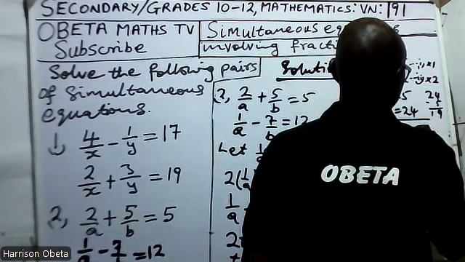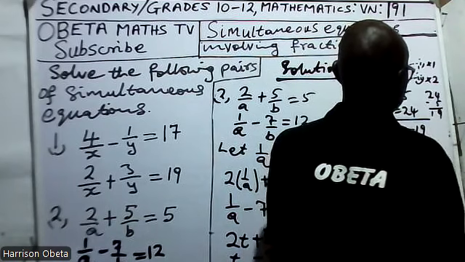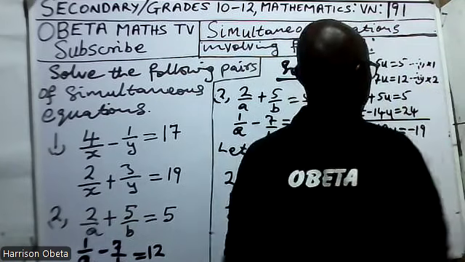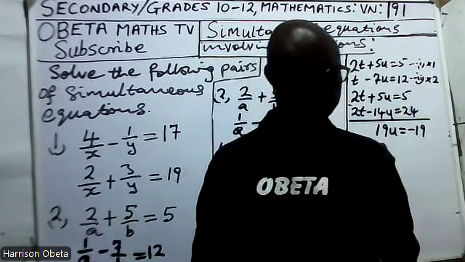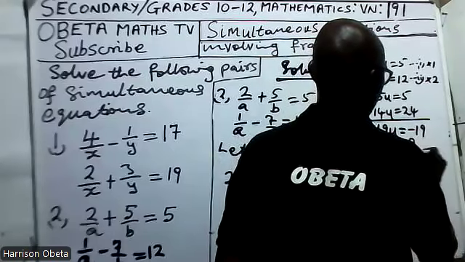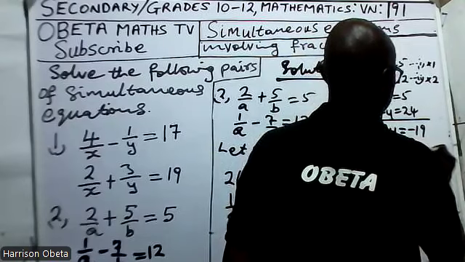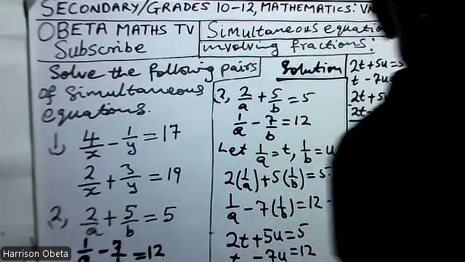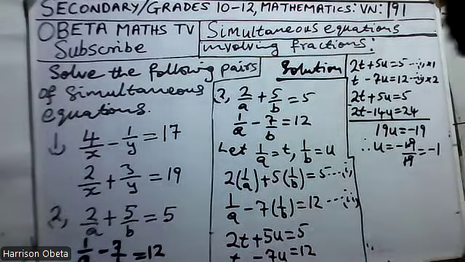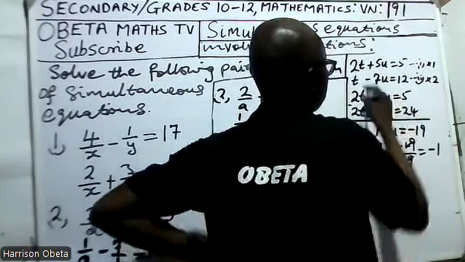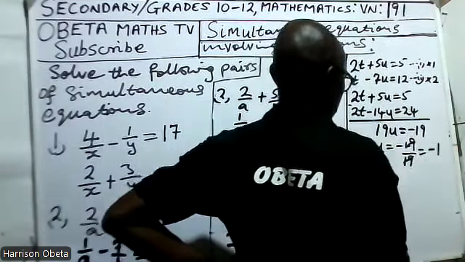And then this will give us minus 19. And if it is minus 19, it means that u is equal to minus 19 all over 19. And that is minus 1. So, you substitute in either equation 1 or 2. Let us substitute in equation 2.